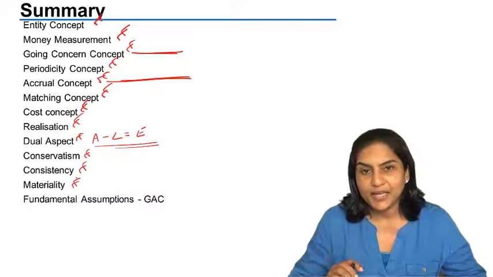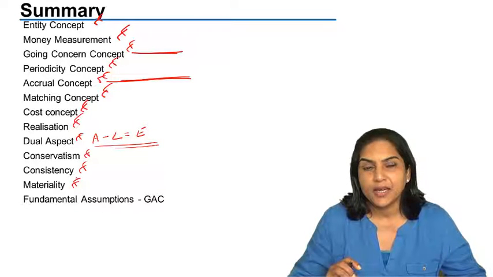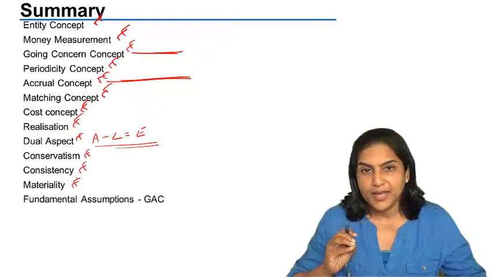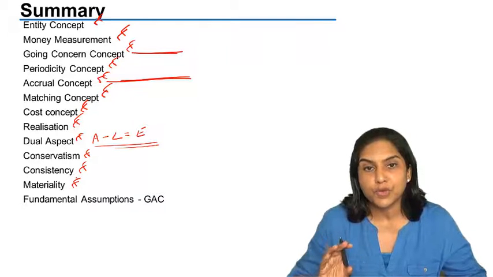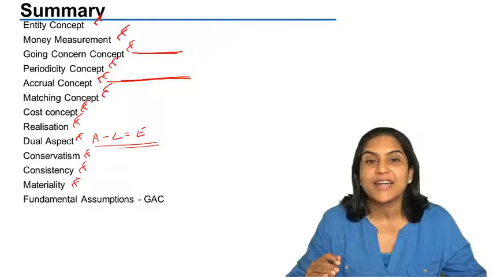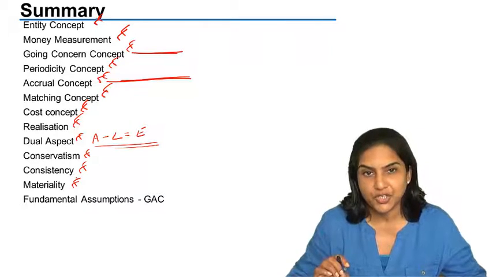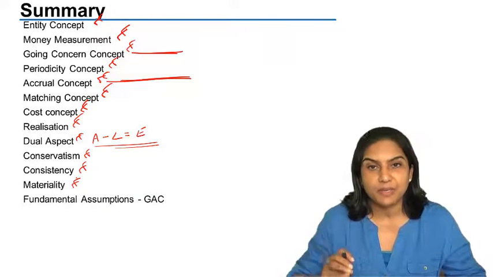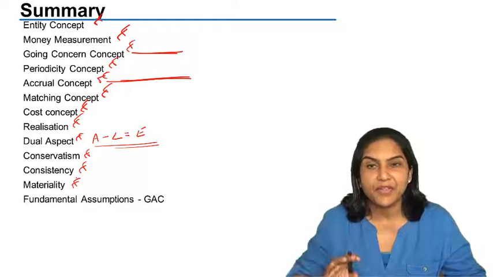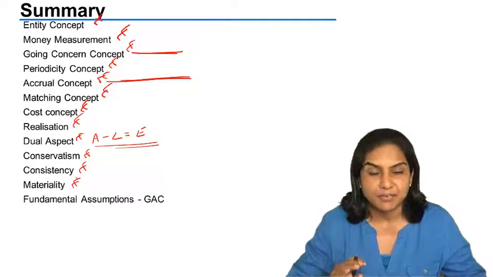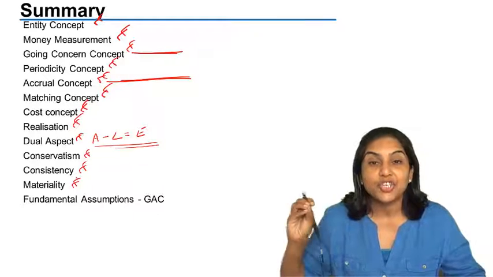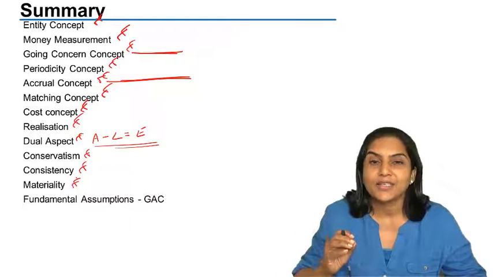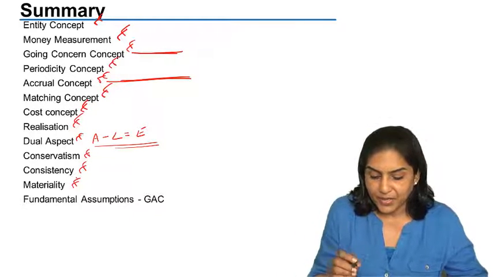Materiality would be that fact the omission of which might change the decision of the user of the financial statement. If we make a misstatement or do not give some information, and had we given that information the user's decision would have changed, that is considered as material.